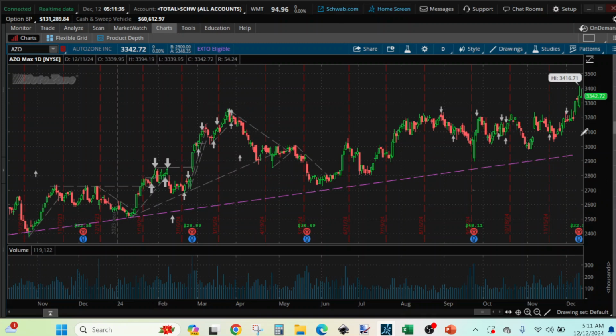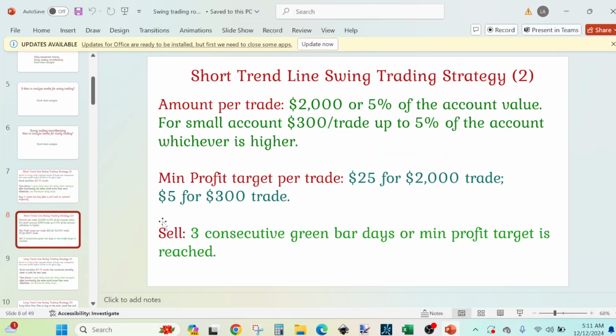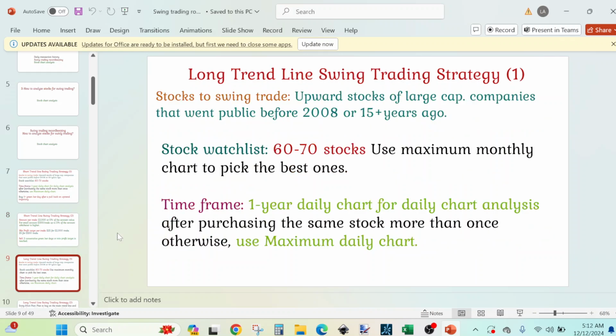In our trading strategy, we practiced the short-term trend line in 2024, aiming for a small profit and allocating a relatively small dollar amount, and selling around 3 days or so if everything went well, once the minimum profit target was reached.